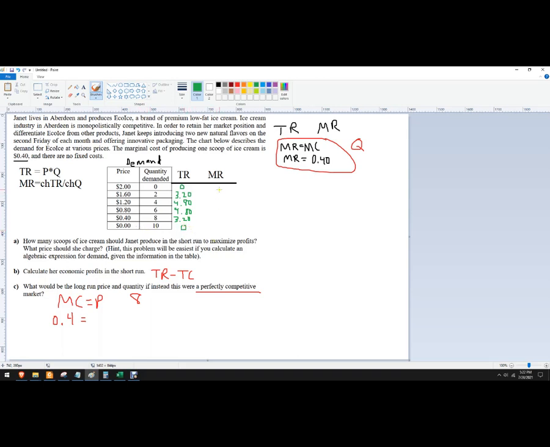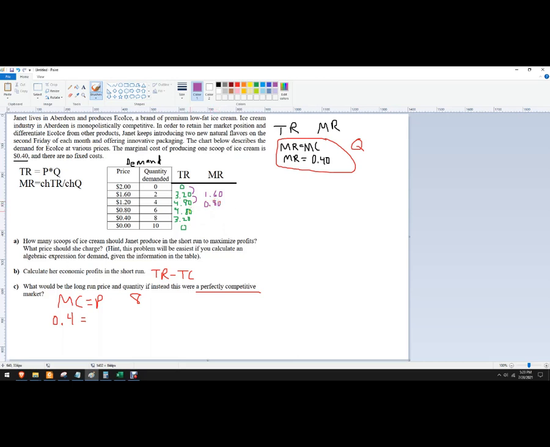The marginal revenue is going to be the difference between this and this, divided by 2. So that's $1.60. Then the difference between this and this, divided by 2. That one is 80 cents, because it's 160 divided by 2.